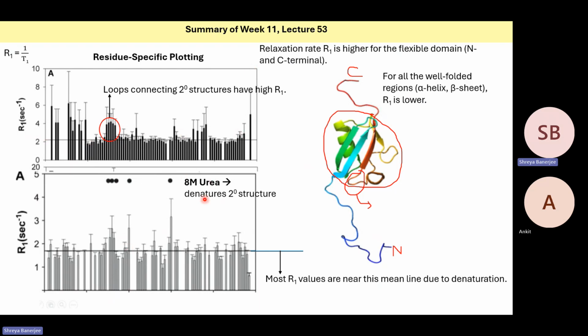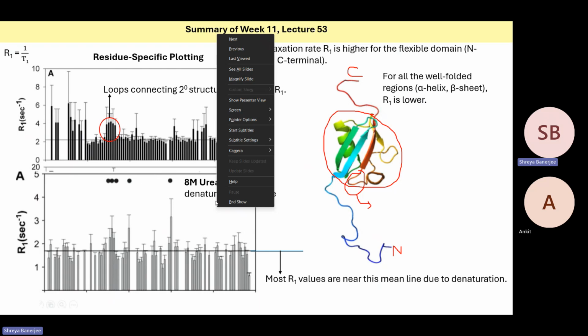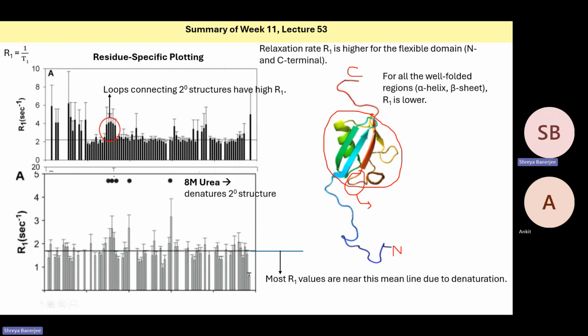But when 8 molar urea is applied, you can see the protein is completely denatured, and so most of the regions have similar values of R1. And that is what happens on denaturation. The secondary structure is completely lost.